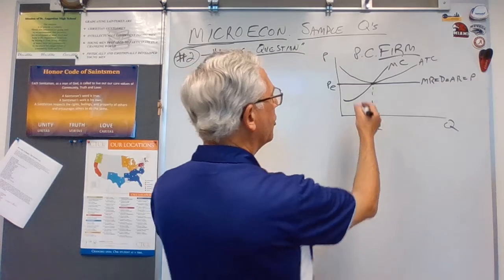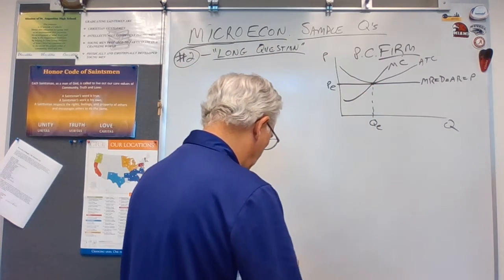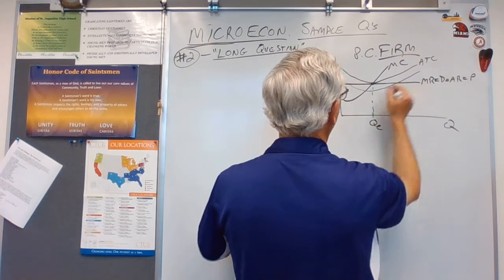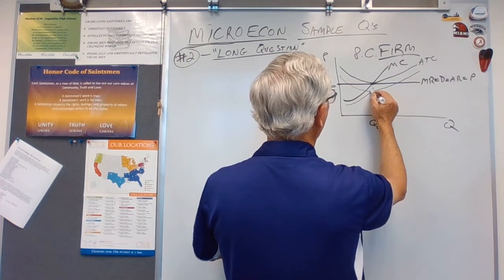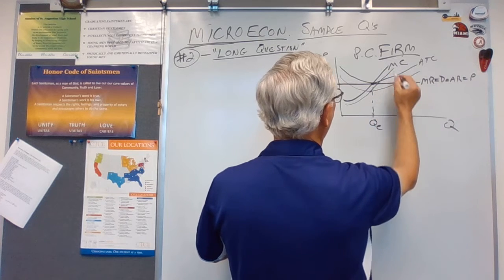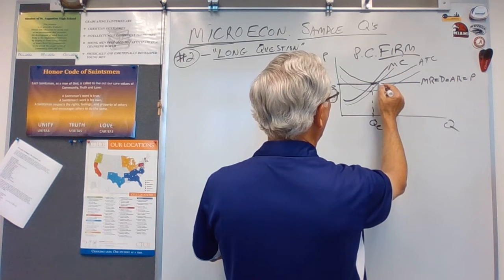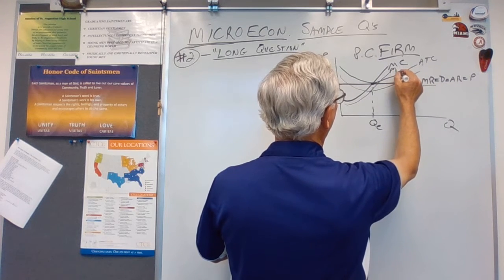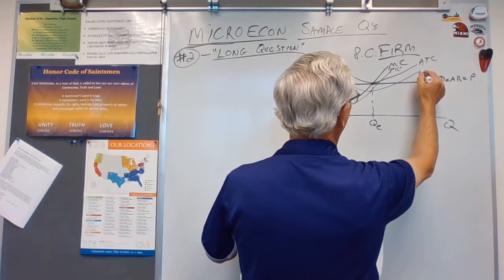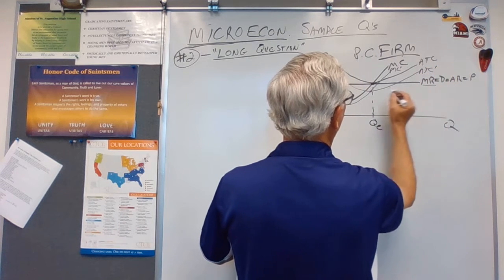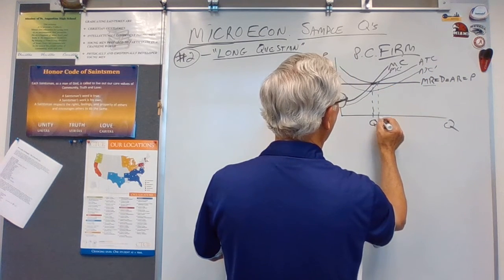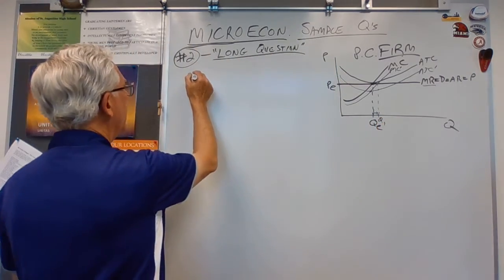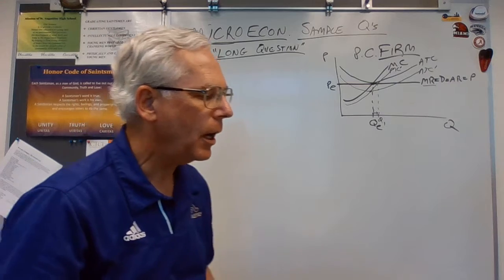What does the innovation do? It lowers everything for her. So her ATC goes down, her MC goes down. She goes through the bottom of the new ATC curve right there. But here's where her marginal revenue equals her new marginal cost, MC prime, ATC prime. And so at Q1, she's going to increase her output.